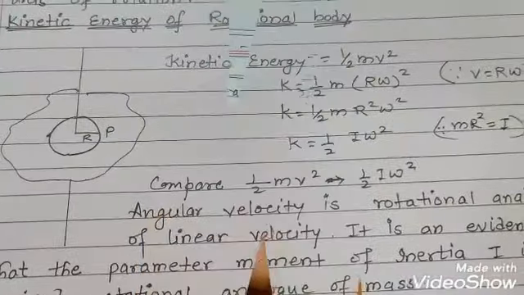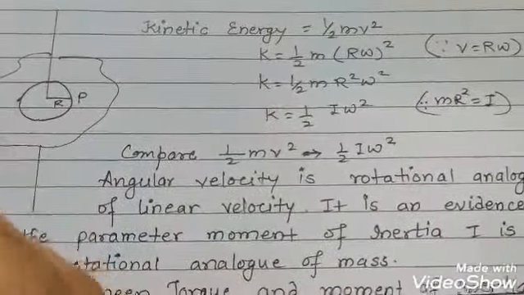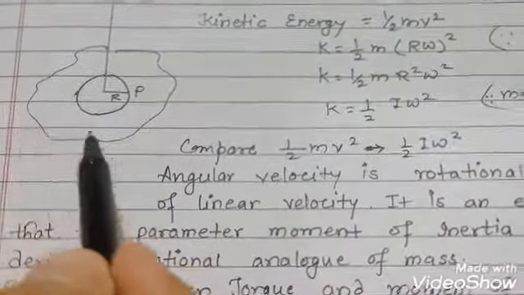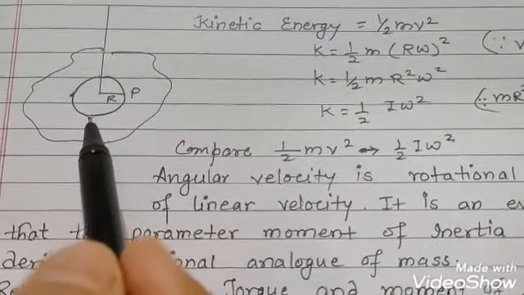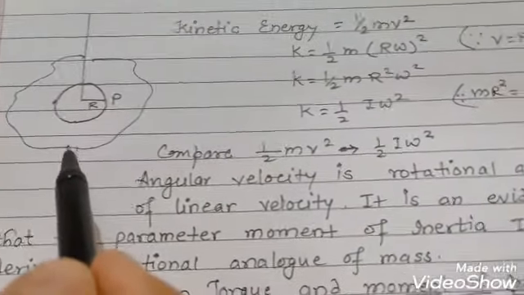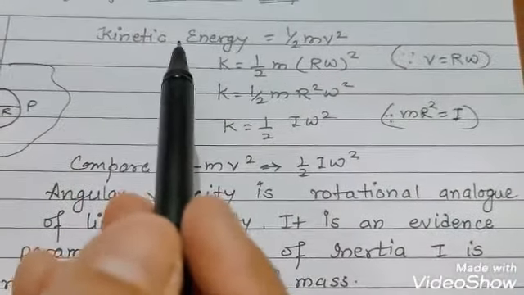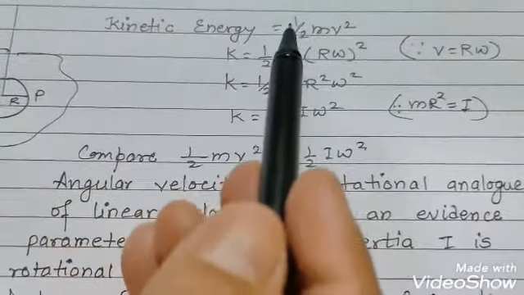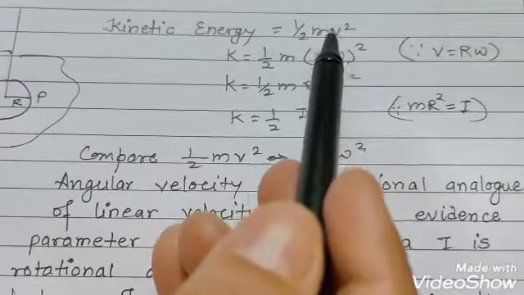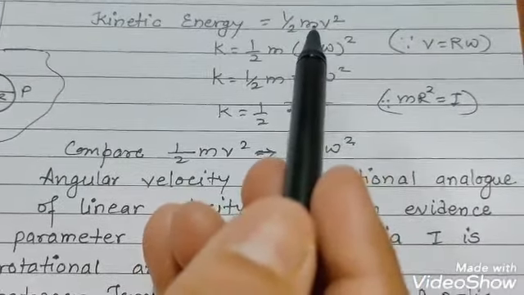Now, kinetic energy of a rotational body. This is a rigid body of n particle system, and this is the rotational axis, you can see here. If we talk about the kinetic energy, we know the formula is given as half mv square, where m is mass and v is the linear velocity.